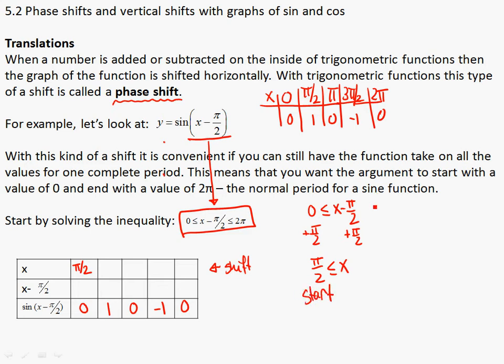On this side it should say less than or equal to 2 pi, right? If I add pi over 2 to that, what do you get here? And this is where the fractions sometimes get in the way. So what's 2 pi plus pi over 2? 2 pi would be 4 pi over 2, right? So 4 pi over 2 plus 1 pi over 2 is?